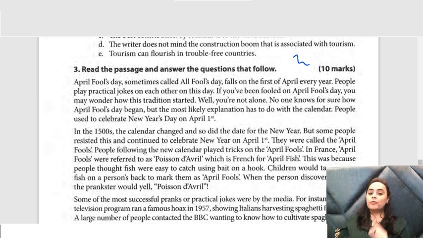So the type of questions may vary, but there is one core thing that you need to keep in mind when attempting your Section A, that is to read it properly. The reason why Section A is known as Section A reading and these passages are known as comprehension passages is because you are expected to comprehend them. You are expected to read them and understand them.